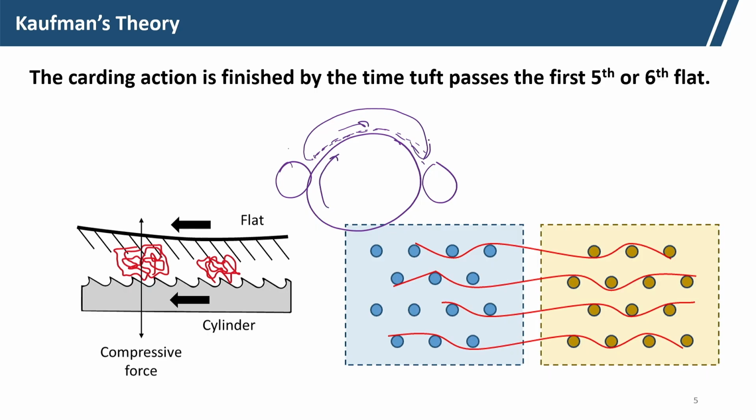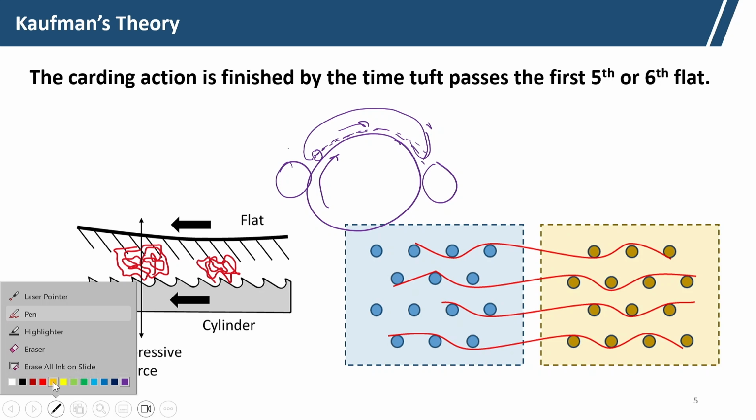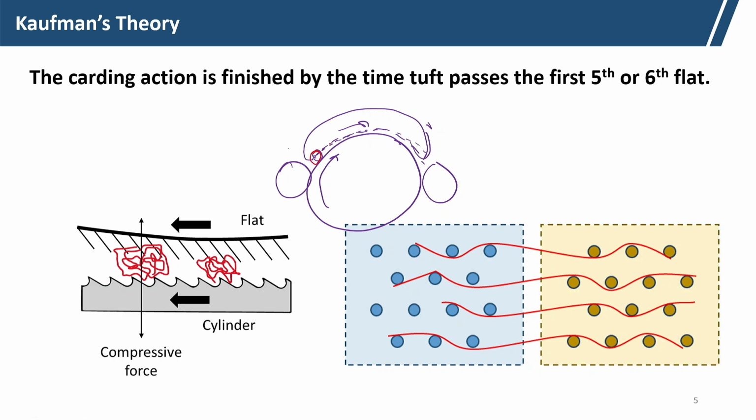So, first flat, this is flat 1, flat 2, flat 3, flat 4, flat 5, 6, like this. This opening process continues as the tuft moves through the different flat segments.